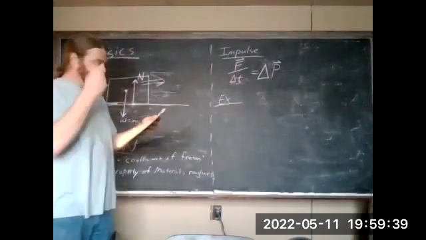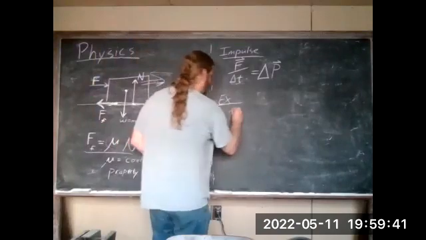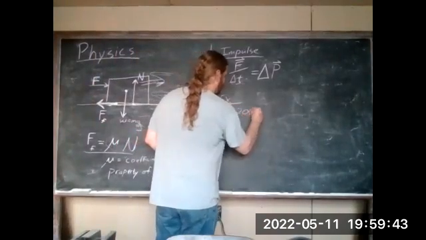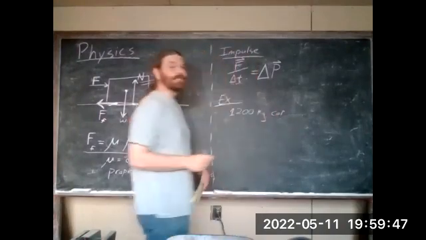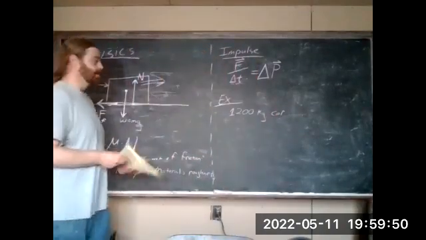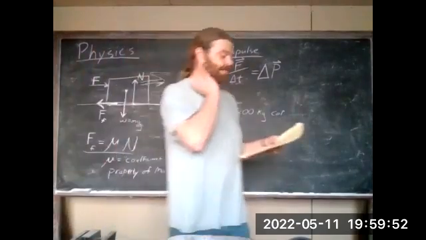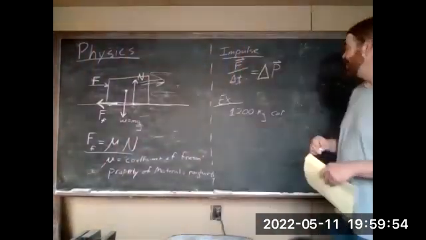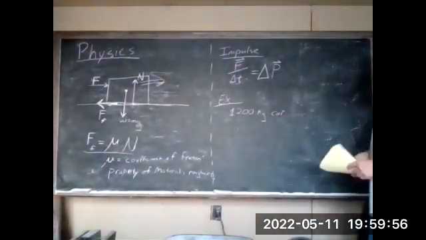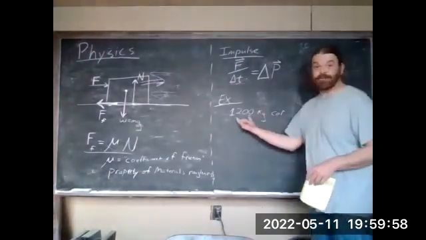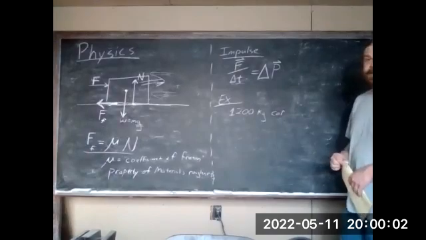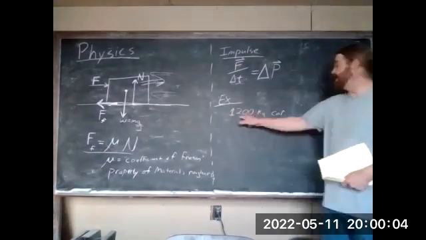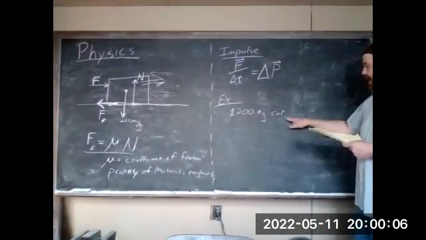So for example, let's say we have a 1,200 kilogram car. That's your average four-door sedan, if you're not used to metric units. Your Toyota Camry or Ford Fusion, your typical four-door sedan, is about 1,200 kilograms.